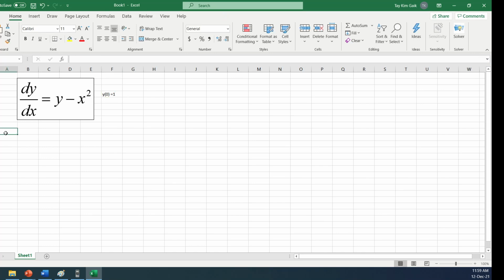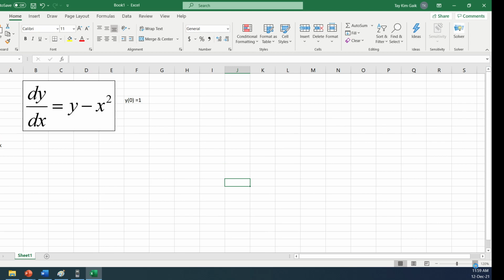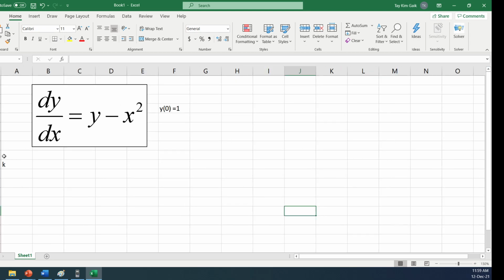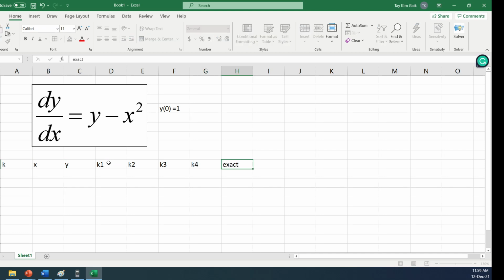This is h. Then you have the x column, y column, K1, K2, K3, K4, exact, and the absolute error.